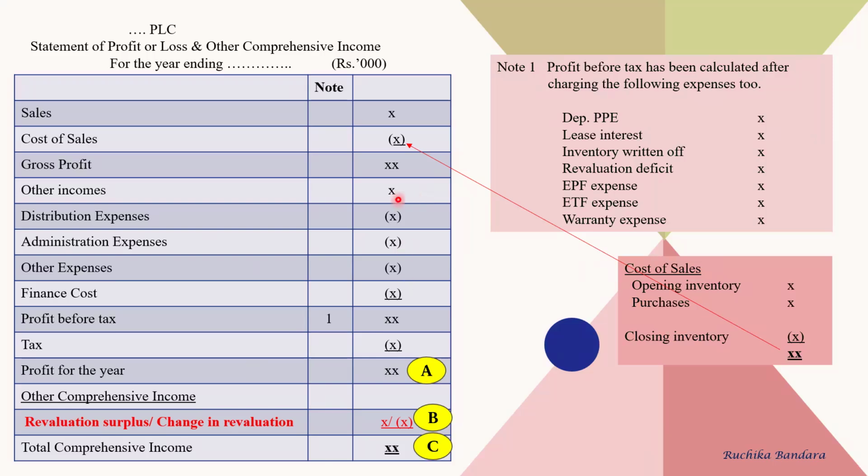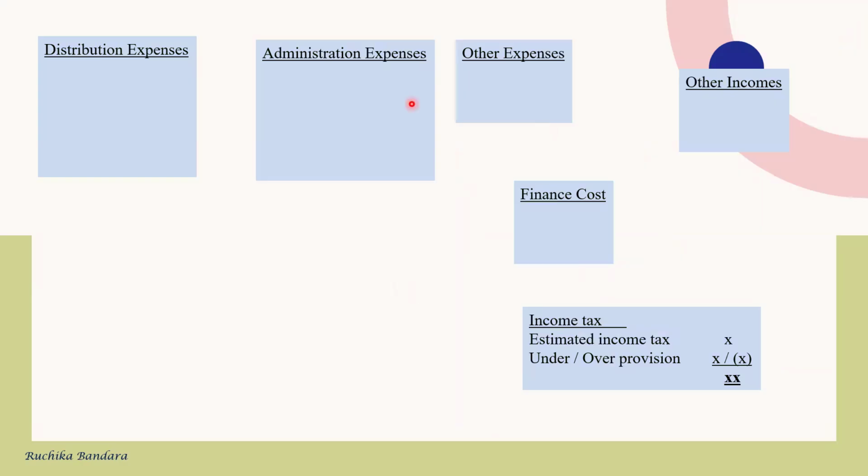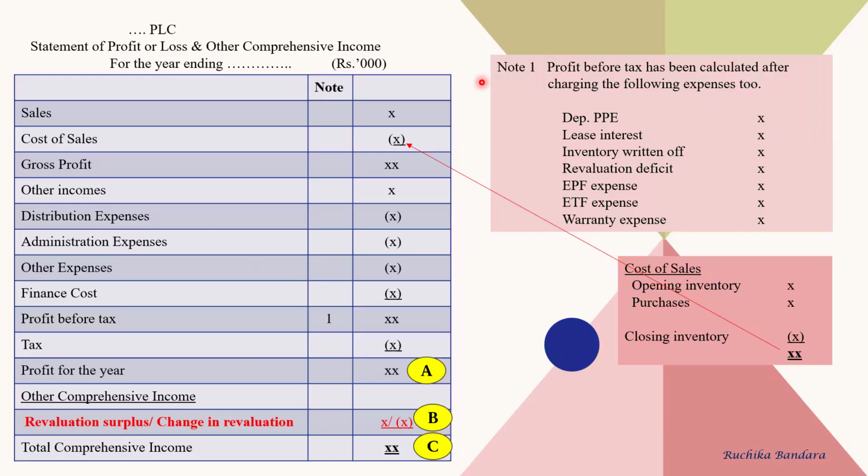So other incomes is a positive value; distribution, admin, other, finance, all are deductions. So we write with a bracket. Then from your gross profit, you are adding other income, subtracting all these expenses, you get the profit before tax.